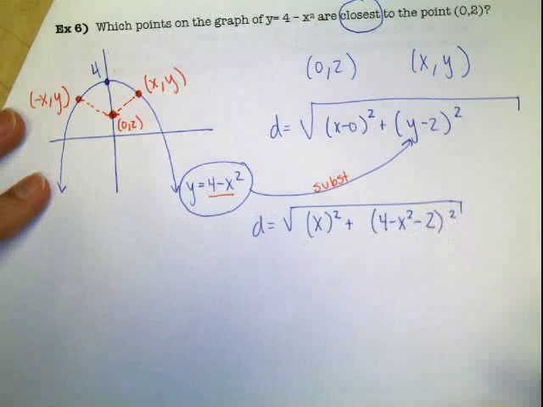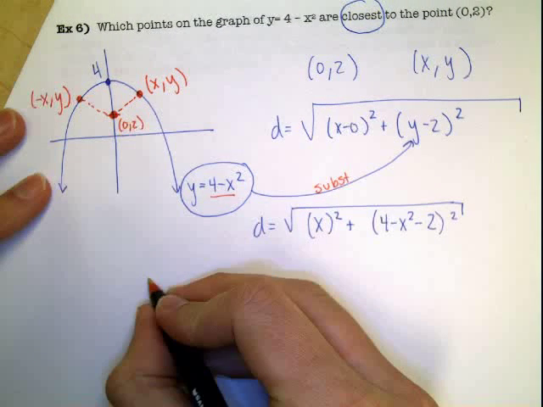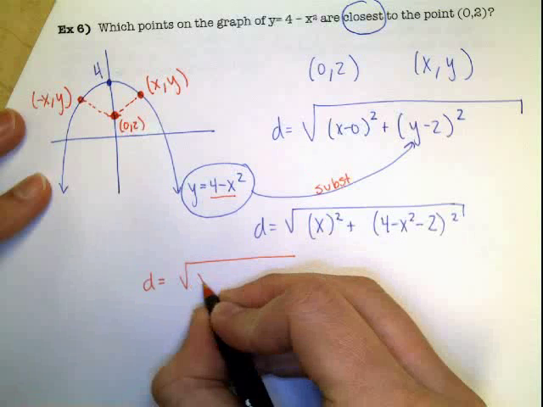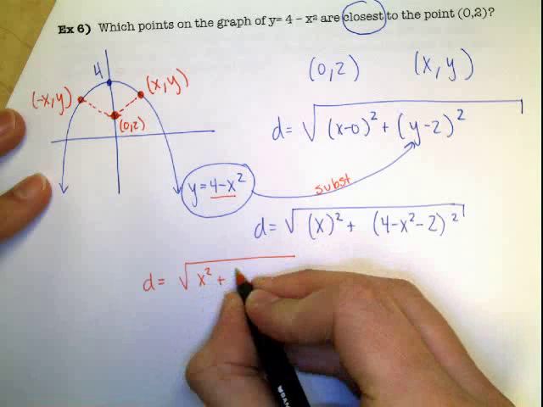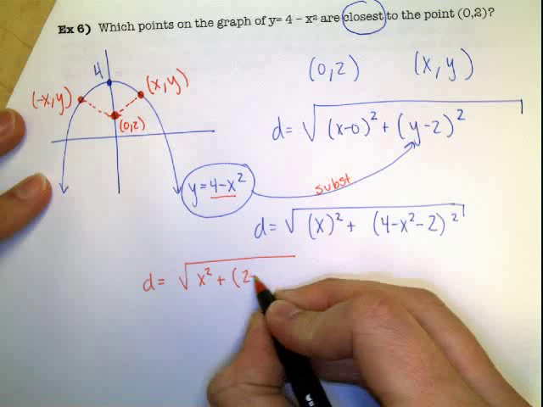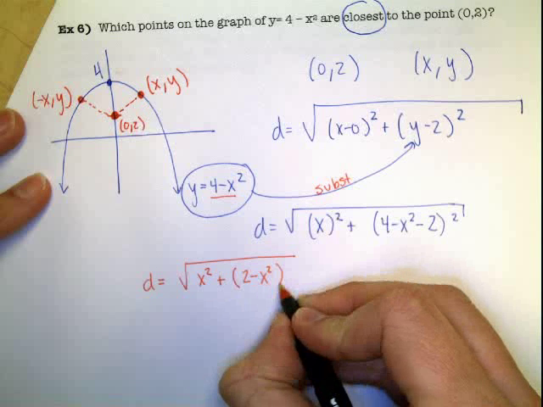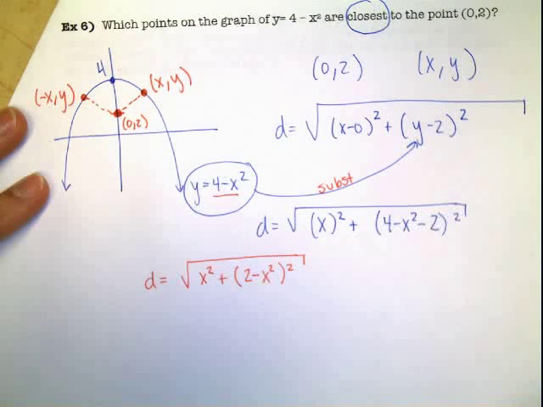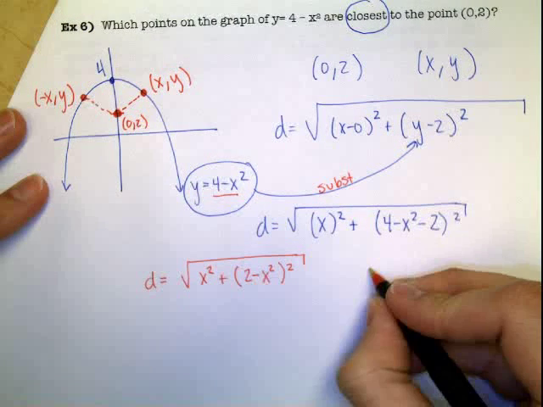So I'm going to clean it up as best I can. I'm going to go down here and do another step. Distance equals, and I'll simplify this. This is x squared plus quantity, let's make this 4 minus 2, let's make this 2 minus x squared, squared. And then to clean this up one more step, I'm going to have to take 2 minus x squared and FOIL it out.